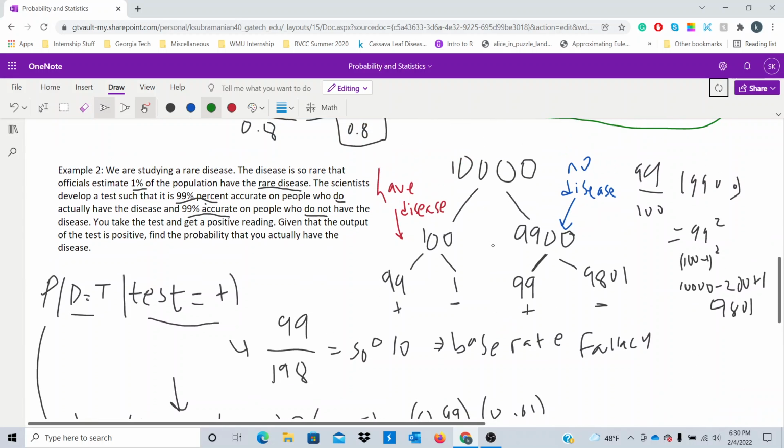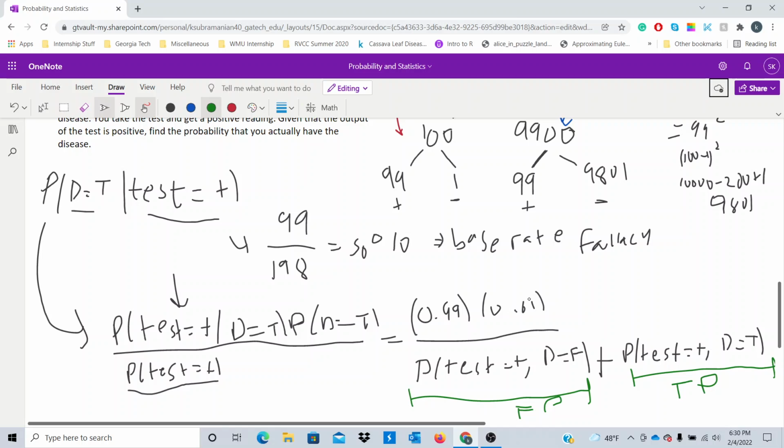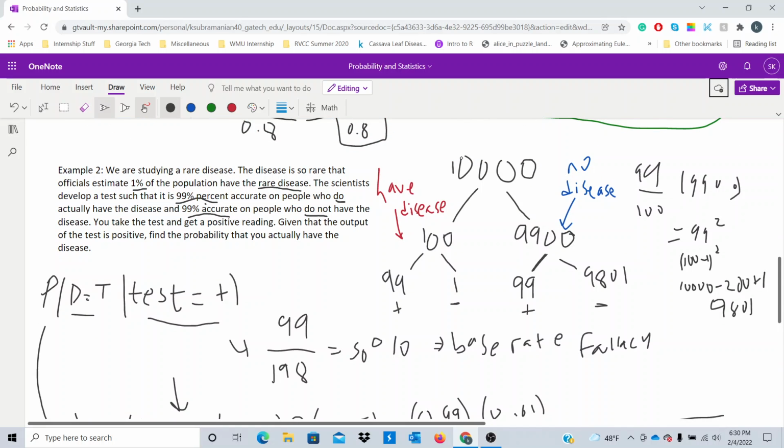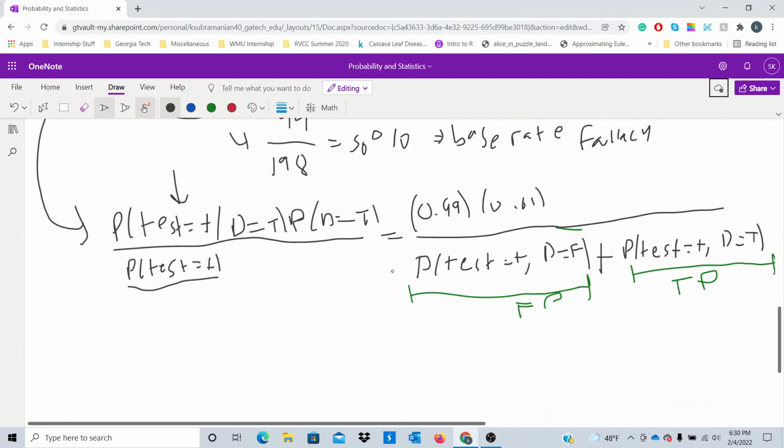So what is the probability that you test positive and you do not have the disease? Well, if we look at our table, you don't have the disease, test positive, that'll be 99 out of 10,000, right? So this fraction will become 0.99 times 0.01.